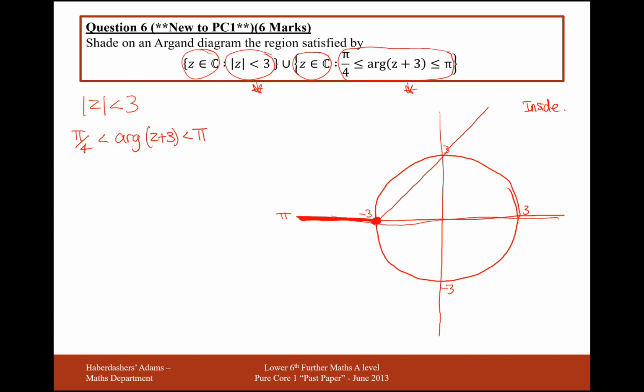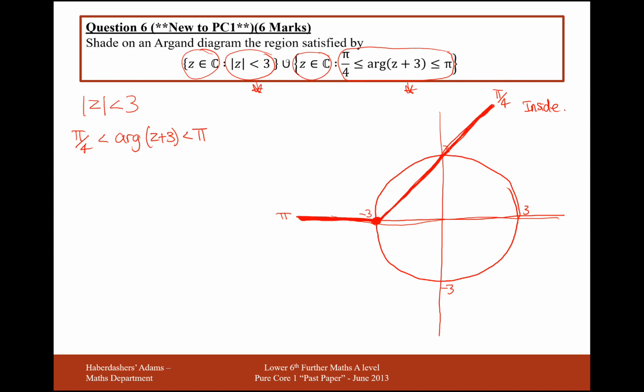So for the angle of pi by 4, it's going to exactly go through my coordinate of 3 up at the top here. And it needs to be anywhere in this region from pi to pi by 4.